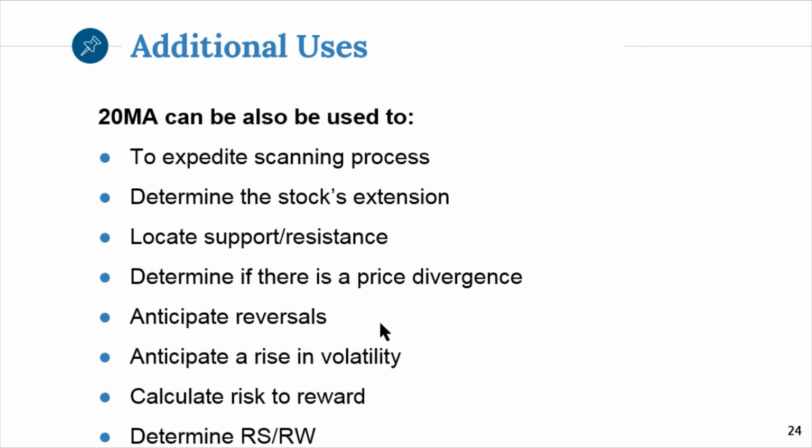You can also anticipate a rise in volatility. Typically, to be able to anticipate a rise in volatility, you want to have two moving averages, a fast moving average and a slower moving average. And then when you get the moving average crossover, that's when you can anticipate a rise in volatility. But you can also anticipate it when the stock finally halts the price from continuing the downtrend, like I showed you earlier.